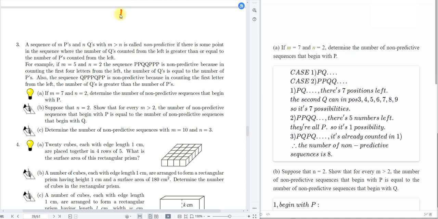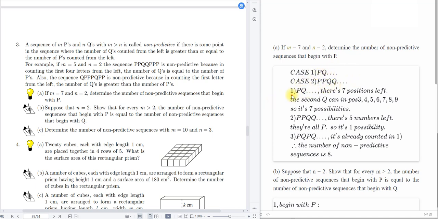So there are only 1P and 2P, like begin with PQ and begin with PPQ. There are 2 cases, begin with PQ or begin with PPQ.